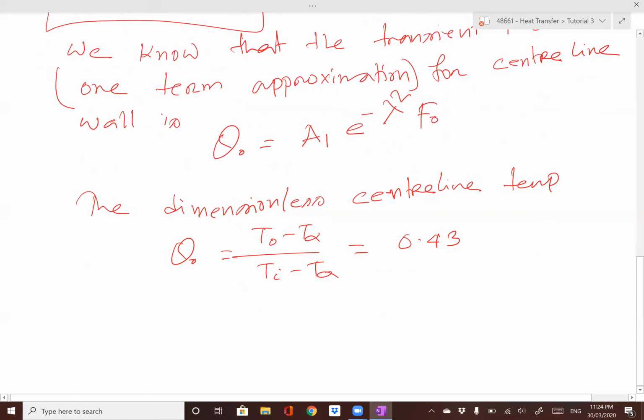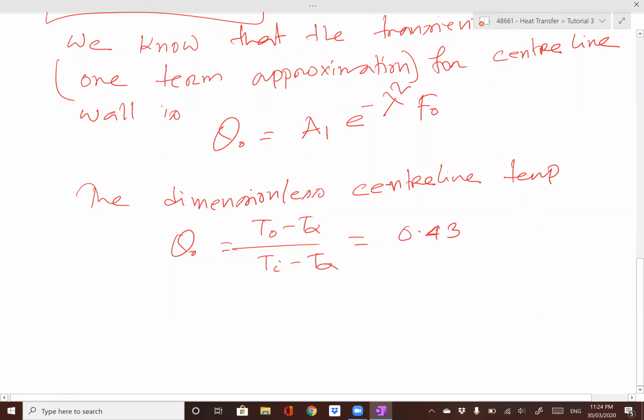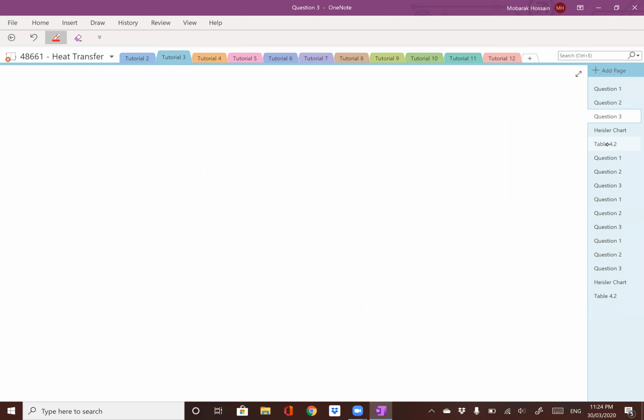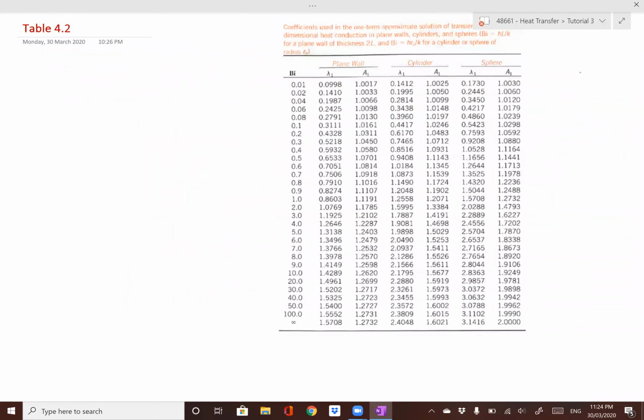Now we'll use table 4.2 for the plane wall. So let me show you the table. This one is our table. In our problem our Biot number is 0.26.